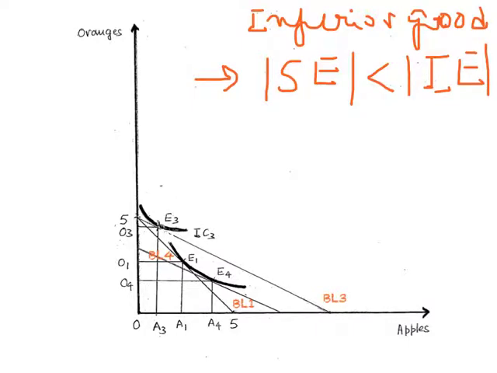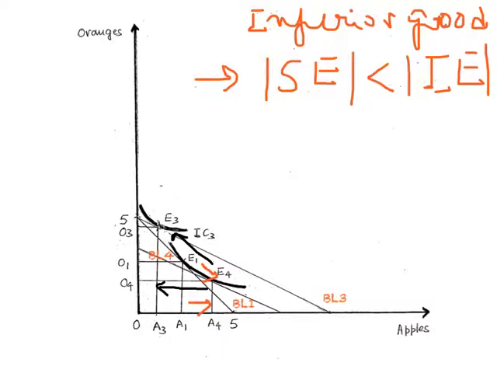When we look at the substitution effect, we know it's a movement from E1 to E4. And what will happen to consumption of apples? They will increase. And then we have the income effect, and that will be reflected through movement from E4 to E3. What happens to consumption of apples because of income effect?